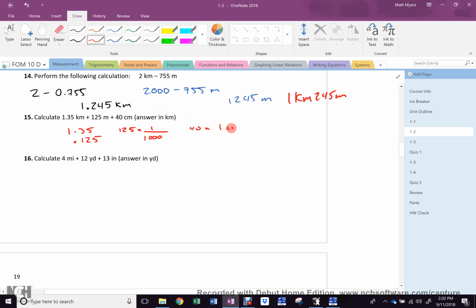So 1 kilometer is 100,000 centimeters. So I got to move the decimal 5 spaces. So it's 0.0004. And then when you add it up, you'll get an answer of 1.4754. There. Okay.